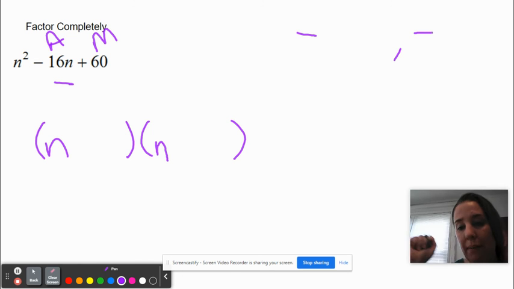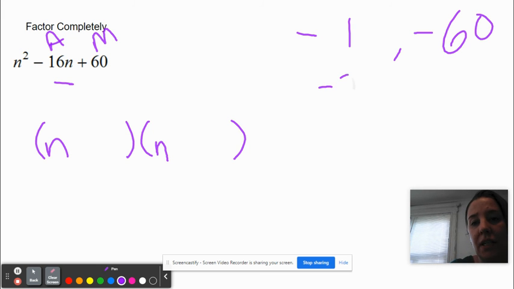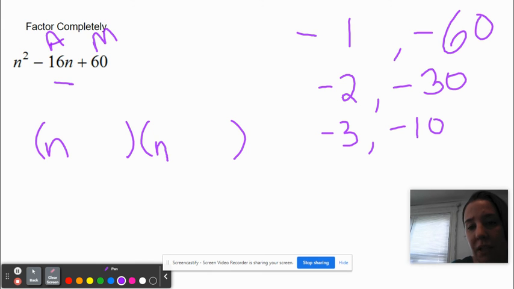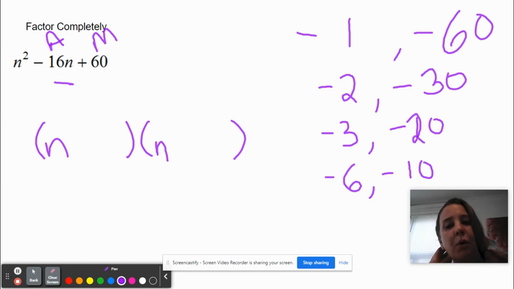Some of us probably already see it right away. But we could just sit here listing stuff that multiplies to be 60. Oops. And so with that, I missed a 4 and a 15 in there, but whatever.